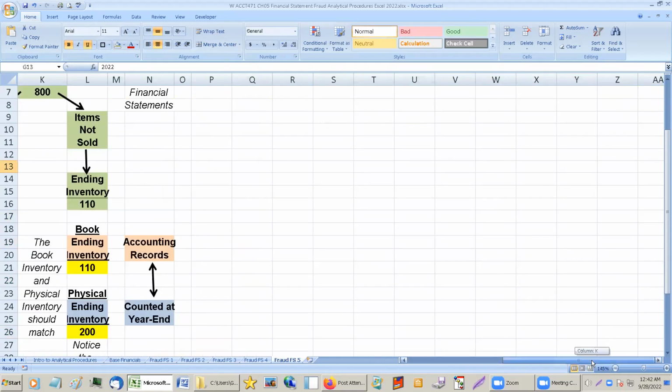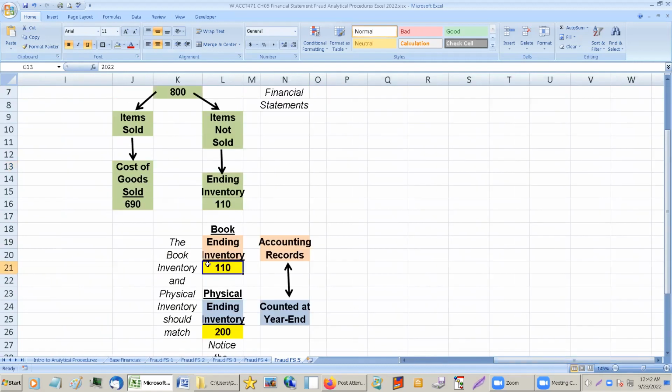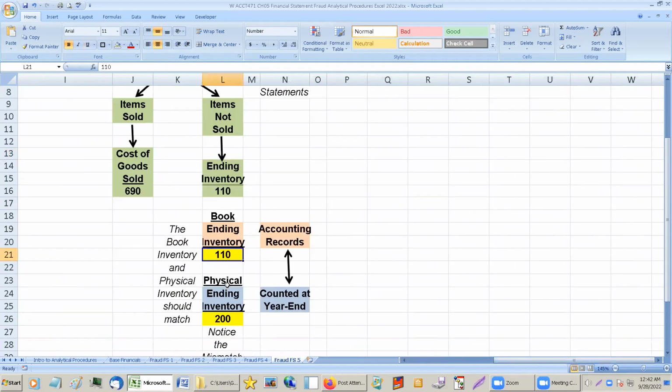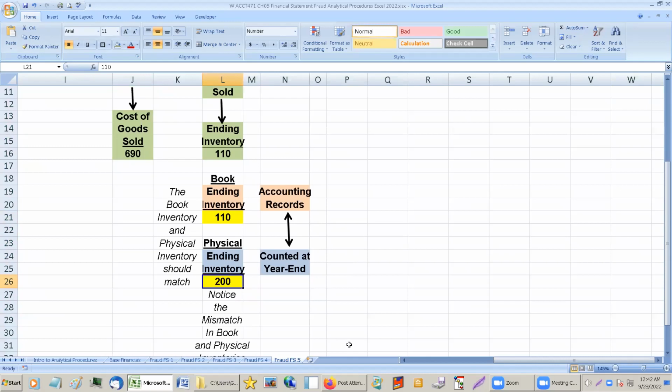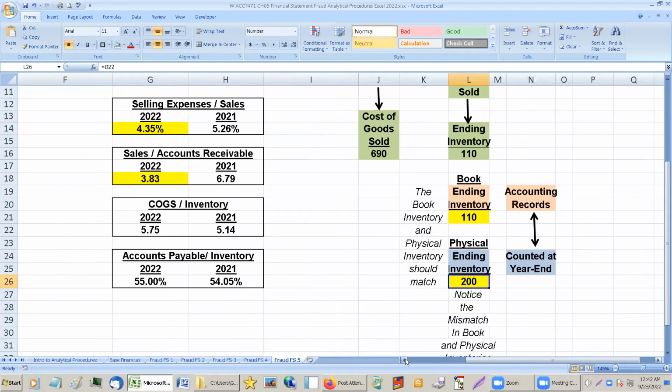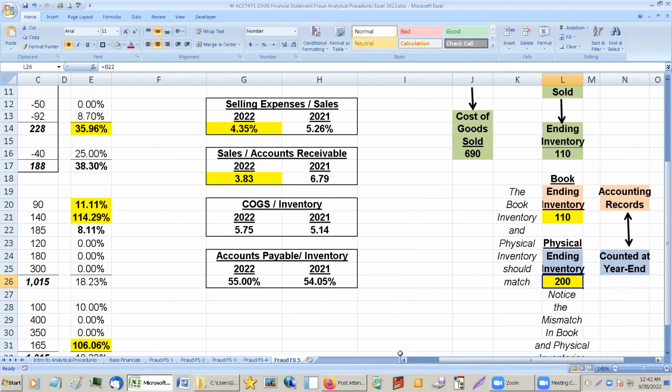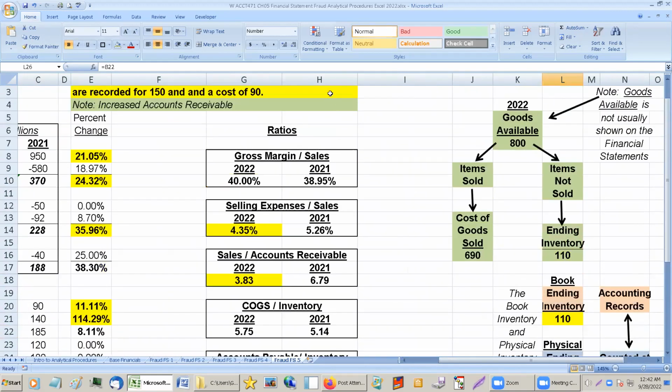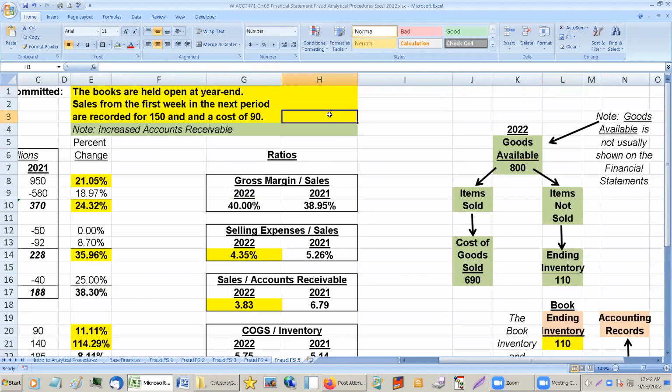Okay, you come over here though. The physical inventory at year end. So here's the problem. These sales happened within the first week of the next period. So let's say that this is at 1/7/2023.